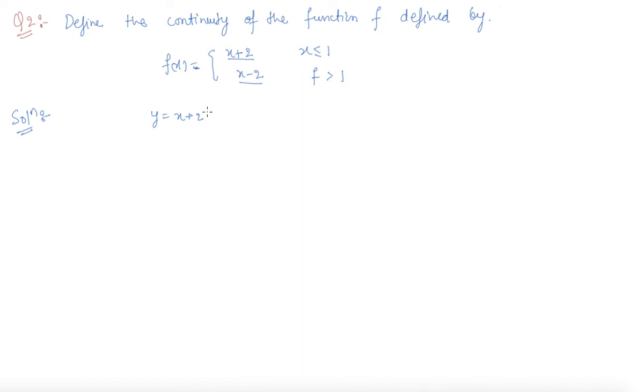Each part is a linear polynomial, which represents a straight line, like y equals x plus 2. The doubt is at the point x equal to 1, because except at 1, at all other points the function is continuous. So we need to check whether the function is also continuous at x equal to 1 or not.